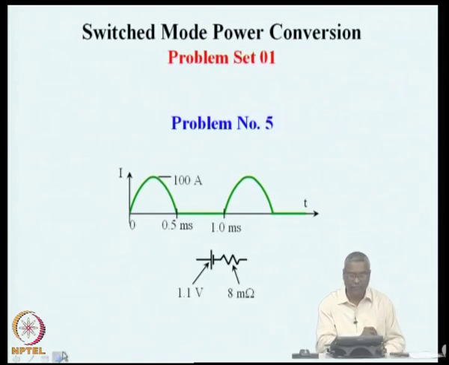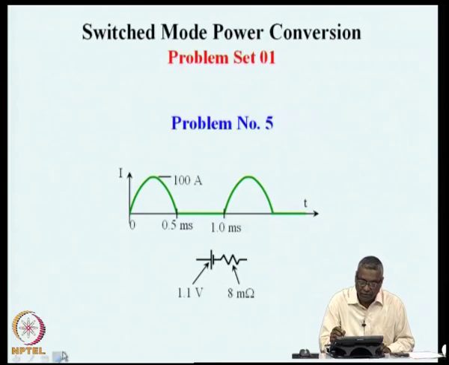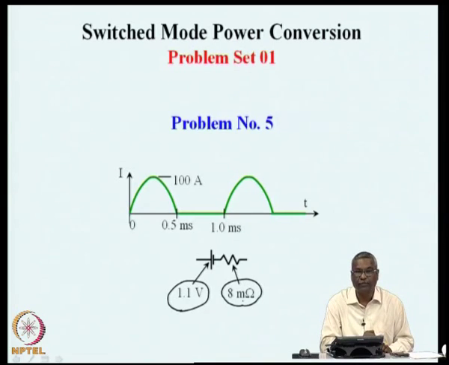So, let me go to the next step. We have now a slightly more complex waveform for the current to be conducted, and the device voltage also is not just a constant voltage. The device is modeled by a voltage drop which is 1.1 volt and a dynamic resistance which is 8 milliohm.